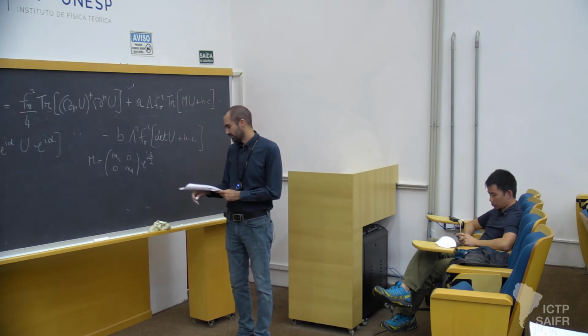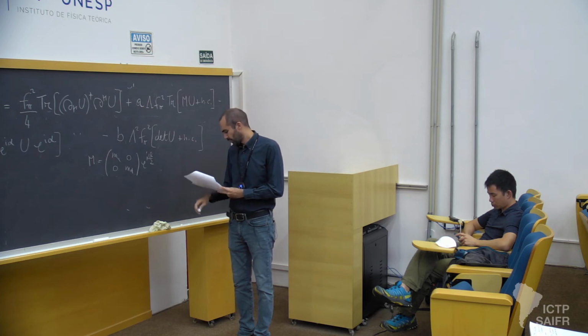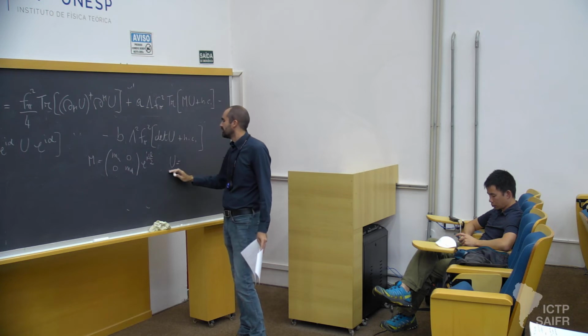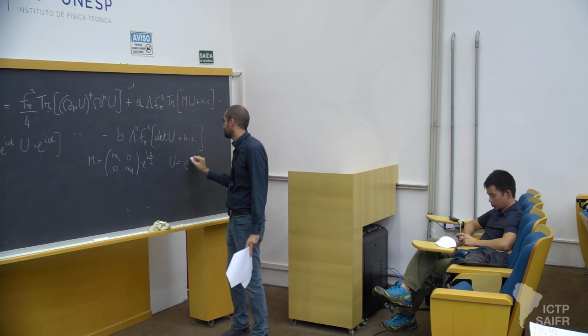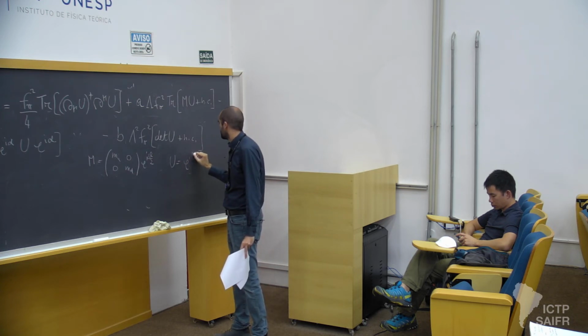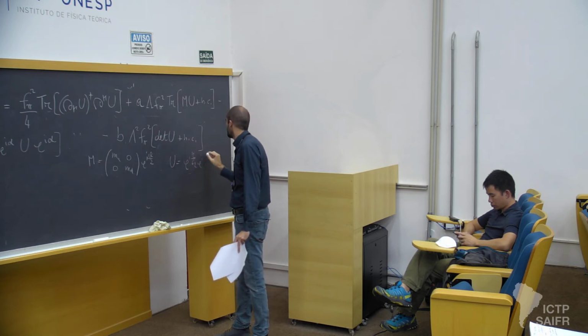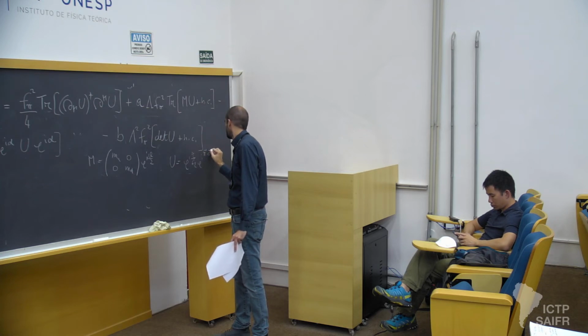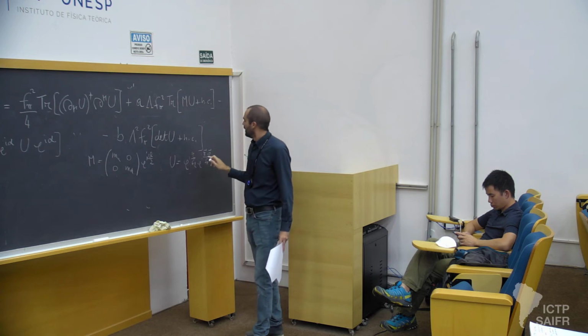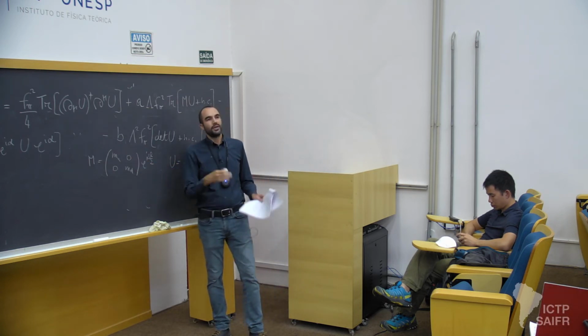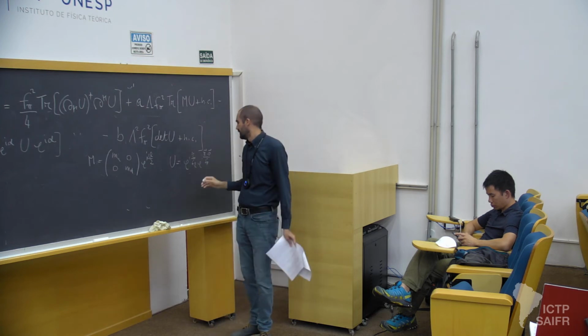Okay, so now we have our quark mass matrix, and we can also write our fields explicitly. And so since we're dealing with two flavors, we're in SU2 times SU2.